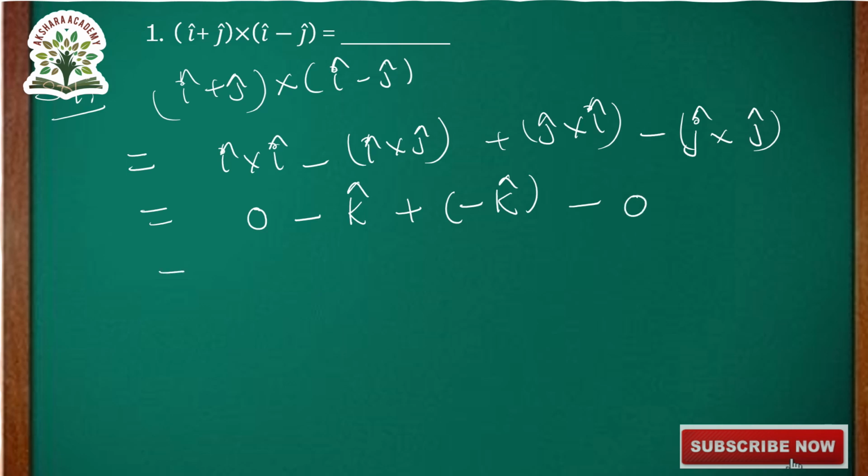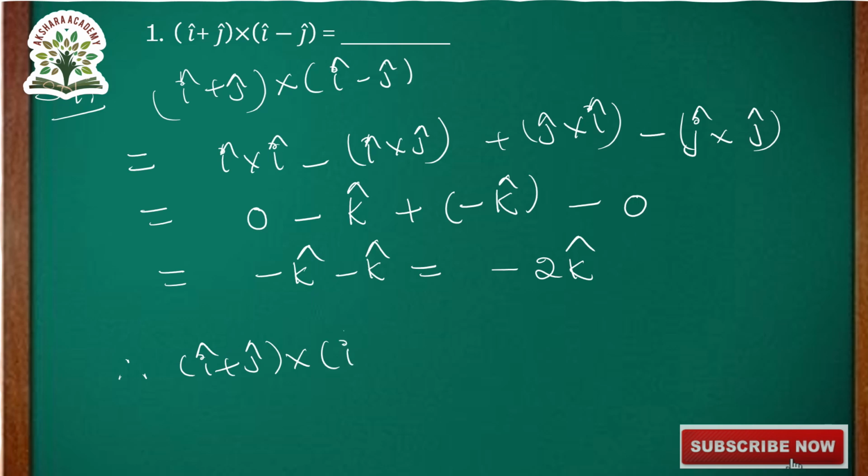So this entire thing is equal to minus k cap minus k cap, that is equal to minus 2k cap. So the final answer is the cross product of i cap plus j cap and i cap minus j cap is equal to minus 2k cap. Okay, next we will go to the next question.